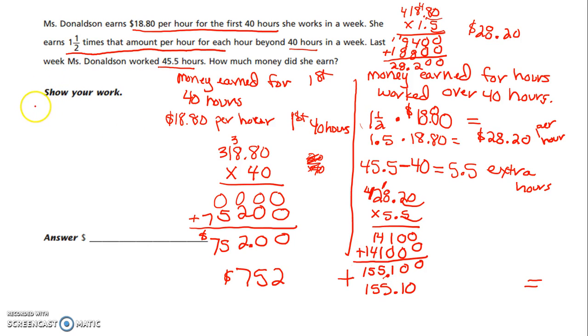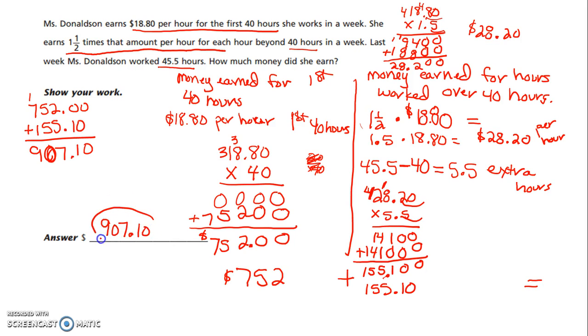We got to add those two numbers. 752 plus 155.10. So that's 0. 2 and 5 is 7. 5 and 5 is 10. 7, 8, 9. 907. So that week she makes $907.10.